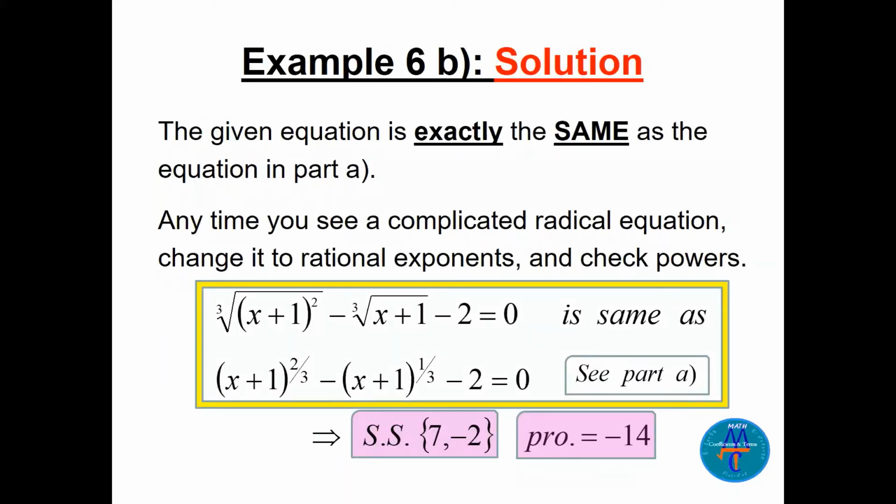So let's go to B part. Now we say this is exactly the same as in part A. So you can use the solution, let n, everything. The solution will be 7 and minus 2, and the product will be minus 14. Everything the same, only the shape is different.